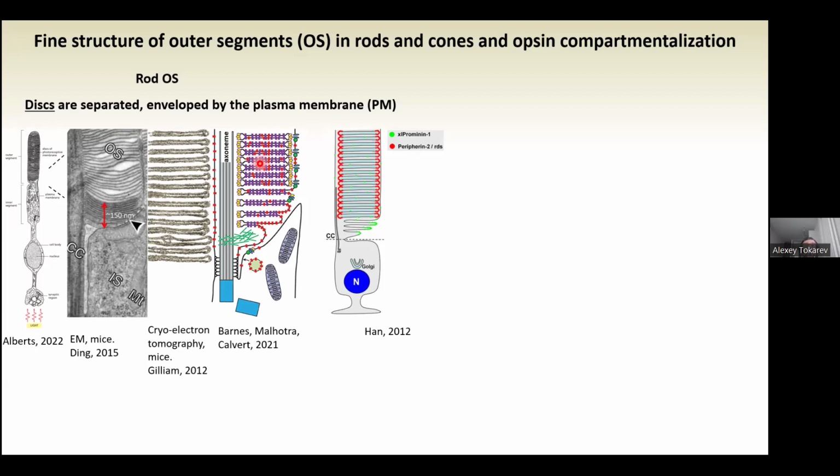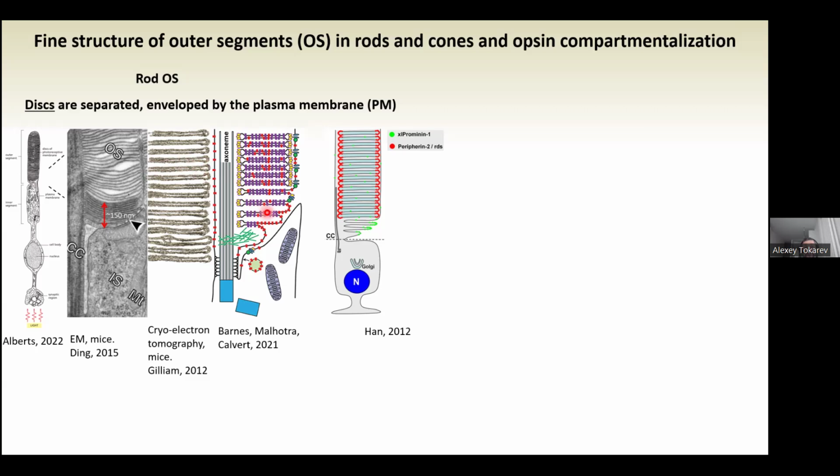Here I show you the structure of the rod outer segment. It consists of multiple layers of membrane, and this membrane is organized into discs, and this membrane contains rhodopsin.